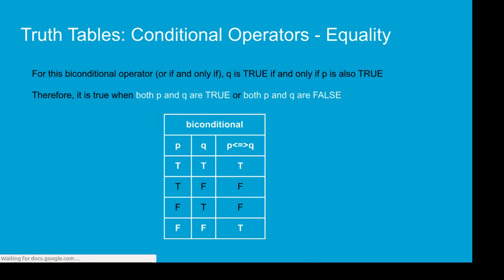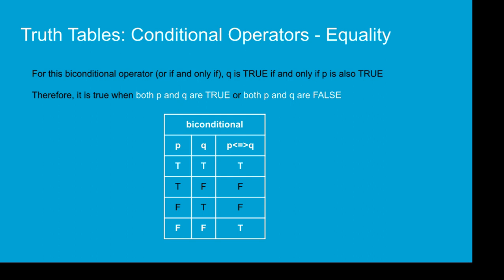All right. All right. Now, the equality operator is a biconditional operator. So it's sort of saying like P implies Q and Q implies P. Okay? So if P is false, that means that Q is false for this equality operator to be true.